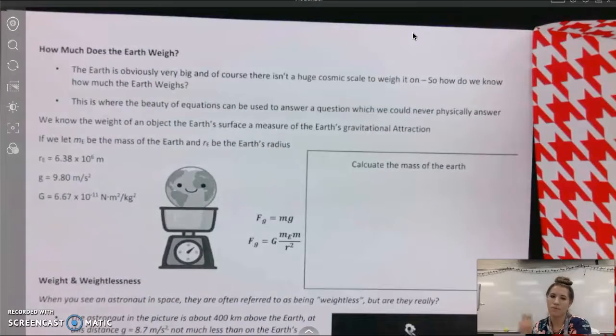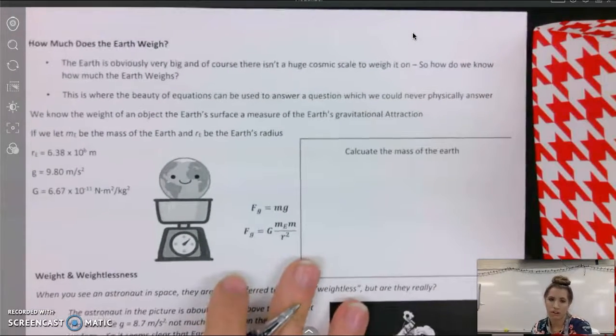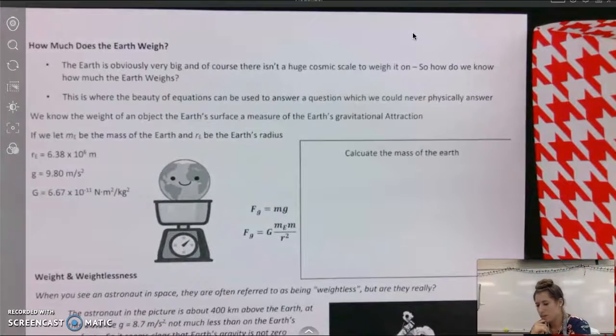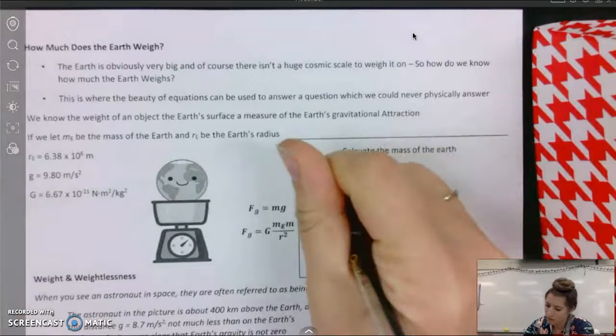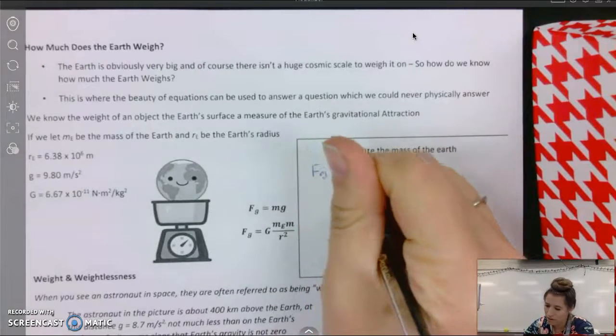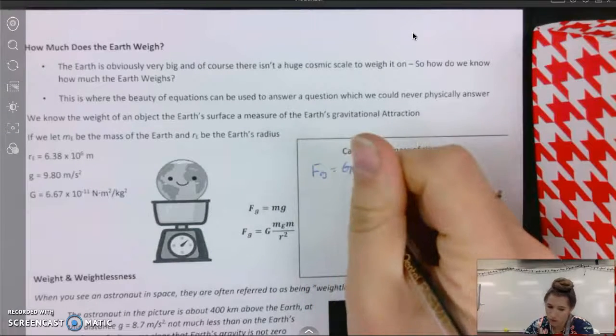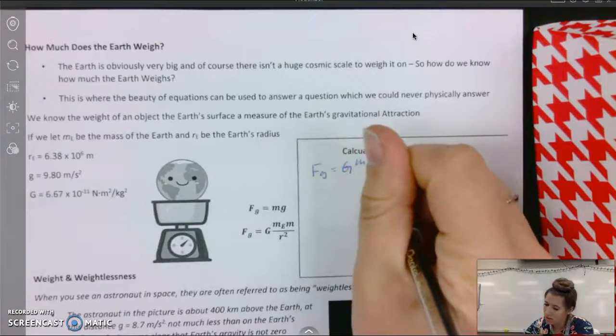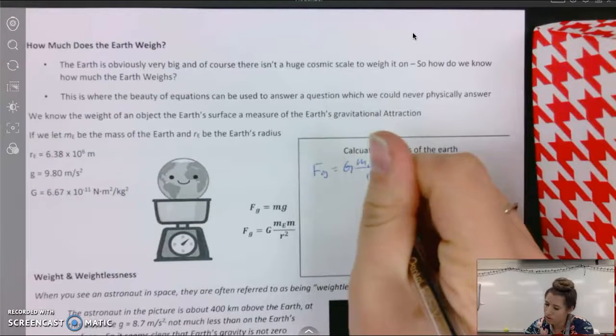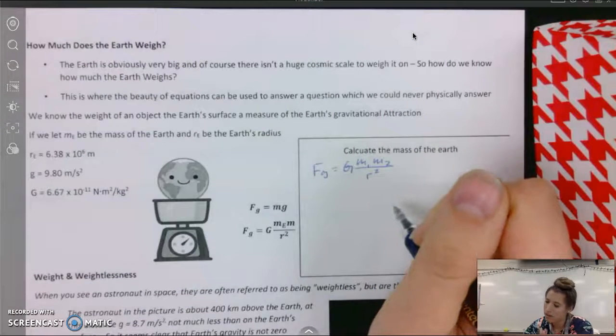Now we can use this amazing equation and what we already know about the force due to gravity, and we can actually calculate the mass of the Earth. Remember that base equation that force due to gravity is the value g, m1, m2 over r squared. Okay.